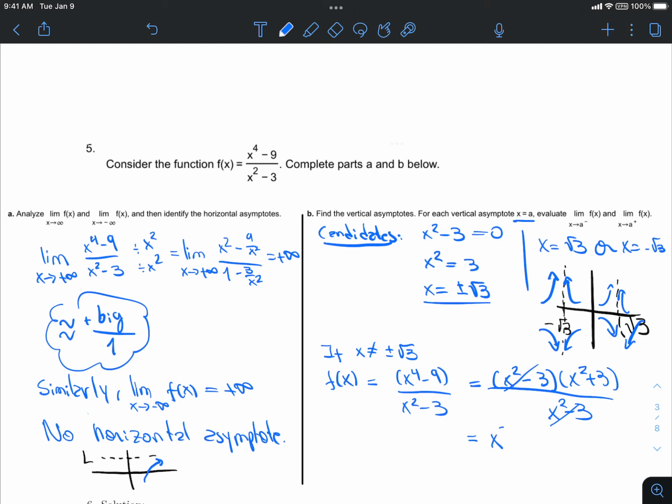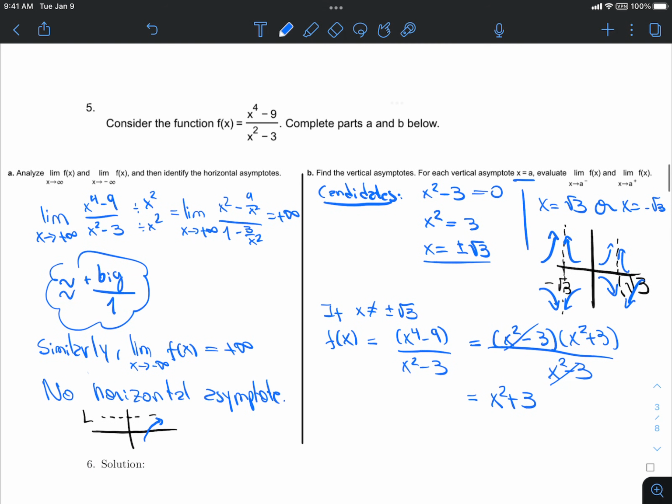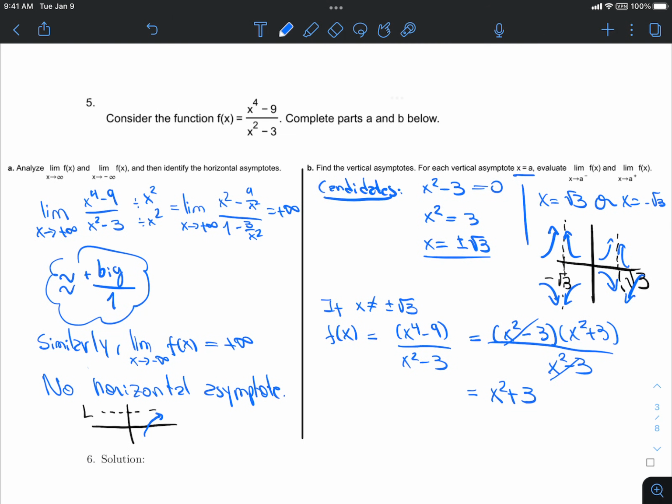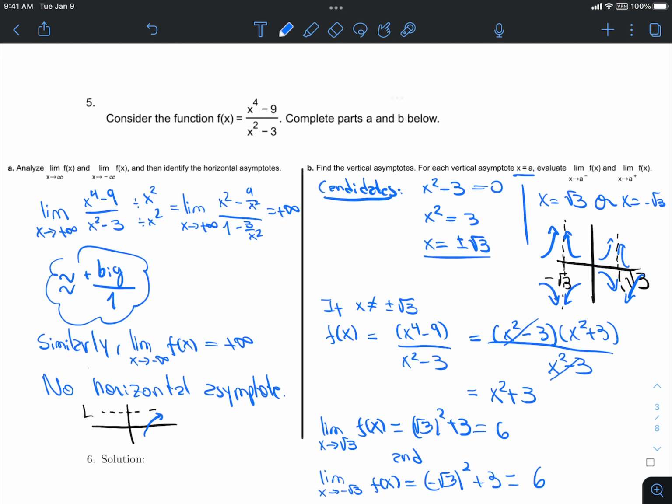So for both, the limit when x approaches root 3 from the left and from the right of f of x will just be root 3 squared plus 3, which is 6, and also 6 on the other side.